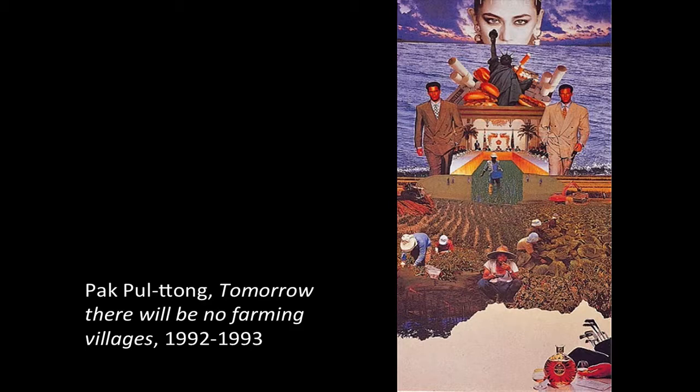Below the woman's face is a hodgepodge of American consumer products such as cigarettes, junk food, and the Statue of Liberty, which symbolizes the United States. Two stereotypically Western men dressed in fancy suits appear to be disembarking from a ship carrying these US consumer goods to the shores of Korea. In the center of the image, Korean farmers are depicted working in their fields, either manually or with tractors, seemingly unresponsive to what the artist perceived as the invasion of US culture.